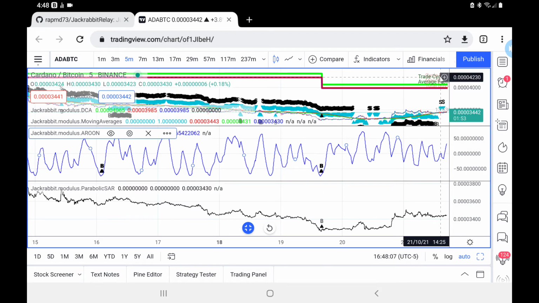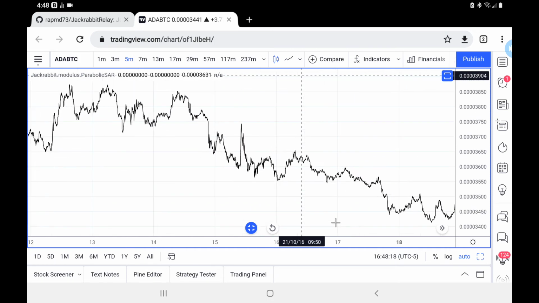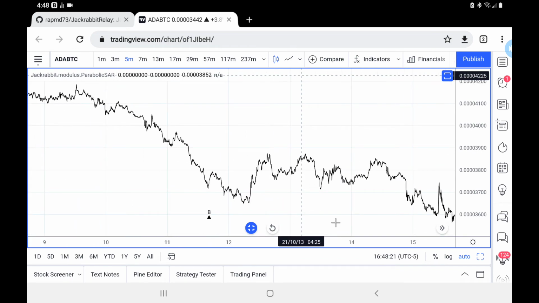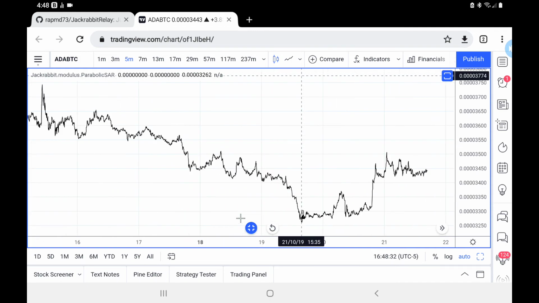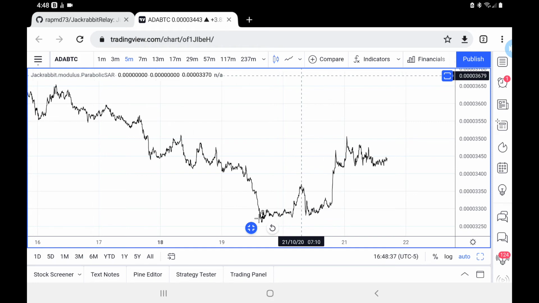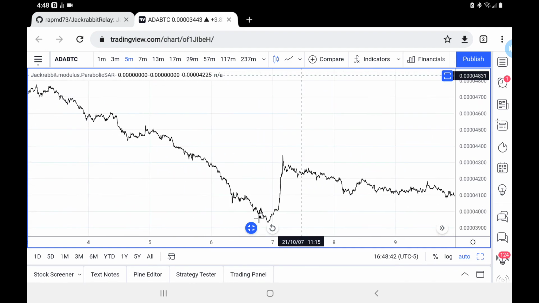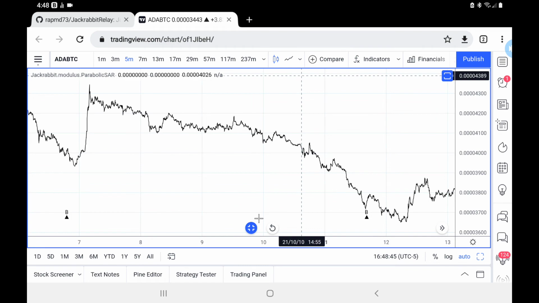And finally, parabolic stop and reverse. This is interesting in that when you look at it, it does a good job in finding unusual bottoms to large trends. So it can be quite interesting when coupled in this way. Notice each case.